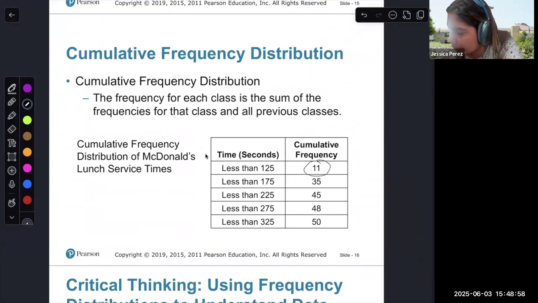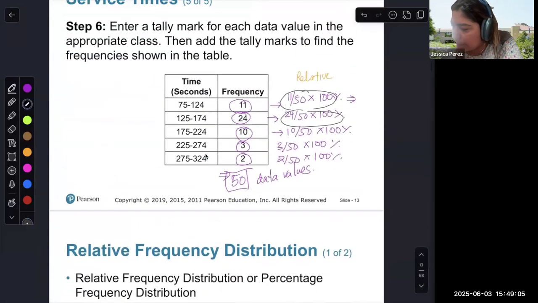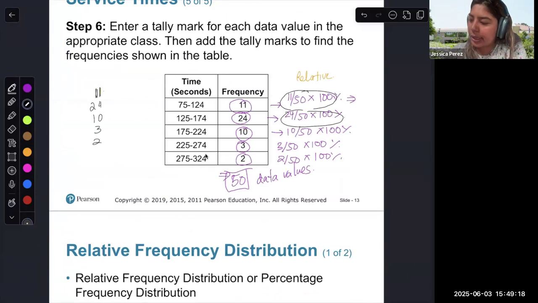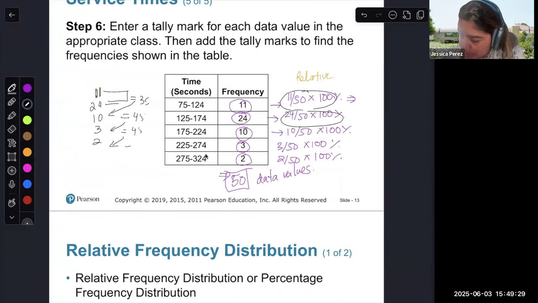We're looking at less than 125, that's 11, less than 175, it's 35. So where are we getting those numbers? For the first class we have 11, then 24, then 10, then 3, then 2. 11 plus 24 gives us 35, and then 35 plus 10 is 45, plus 3 is 48, plus 2 is 50.